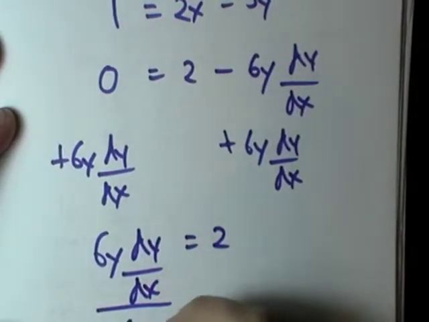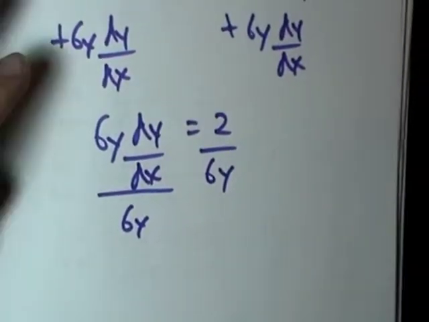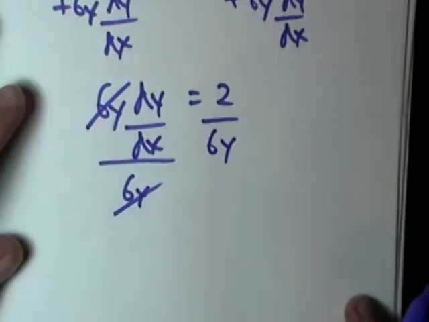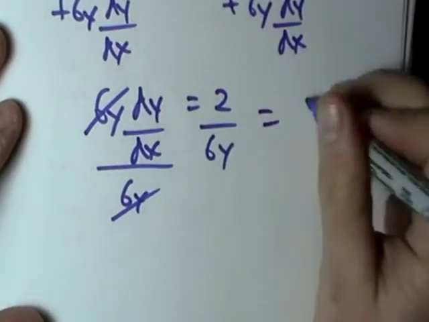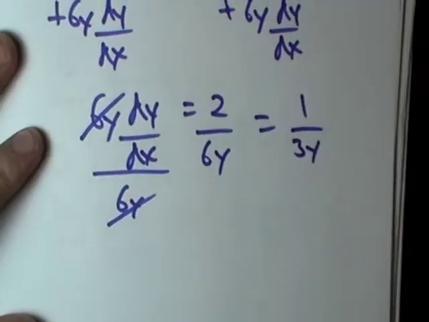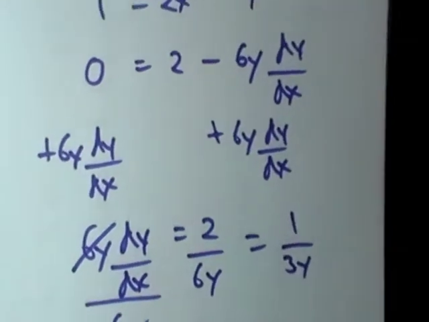So we just go 6y. We divided by, we just took that out. And that should leave us with 1/3 over y is the final on that one. So there's that one. Okay.